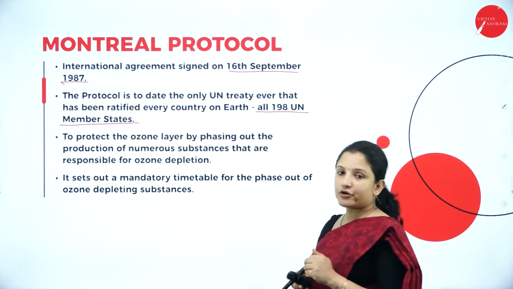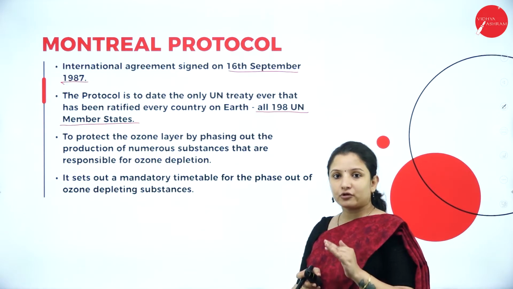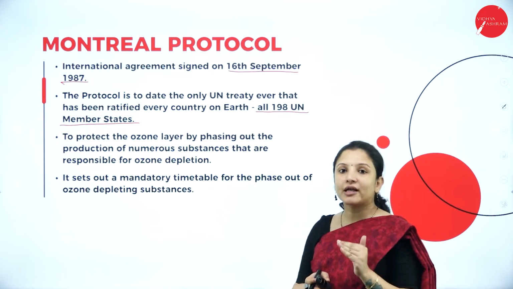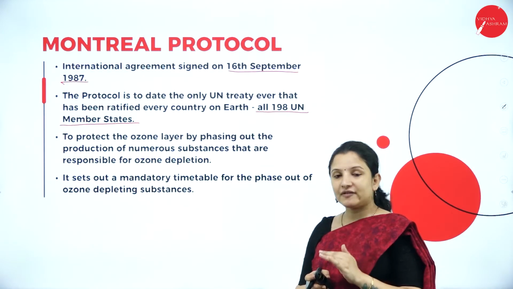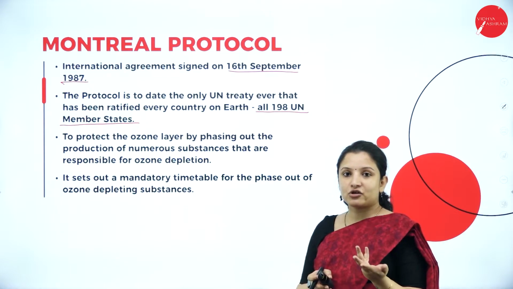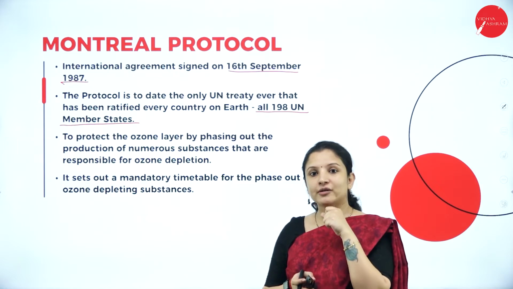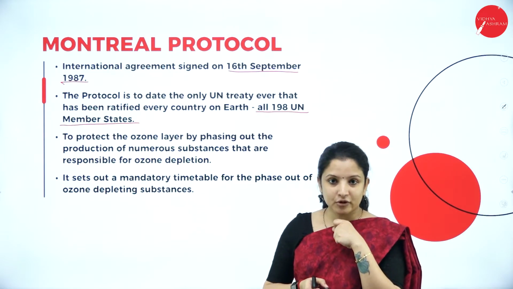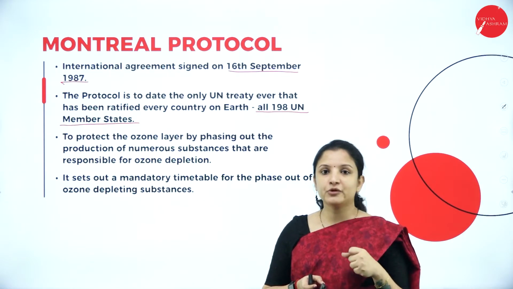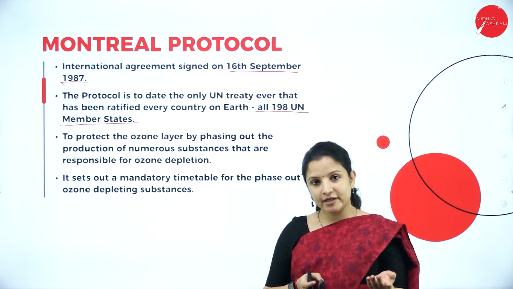So what is this Montreal Protocol? The Montreal Protocol mainly aims at protecting the ozone layer. In the previous session we had studied the depletion of the ozone layer. If you simply make a speech to the people saying that you need to protect the ozone layer, you need to stop using CFCs and all that, will they do that?